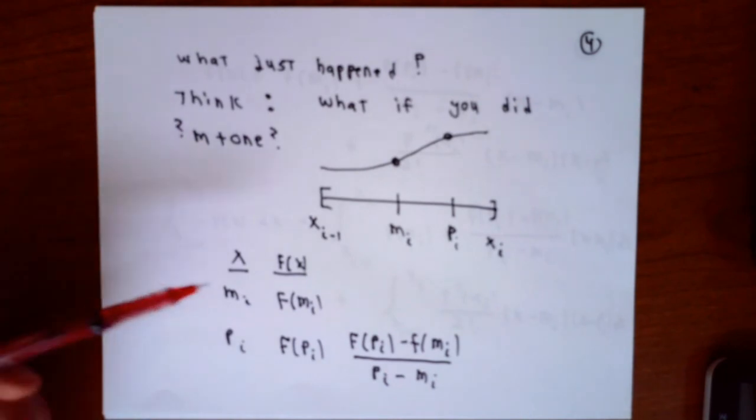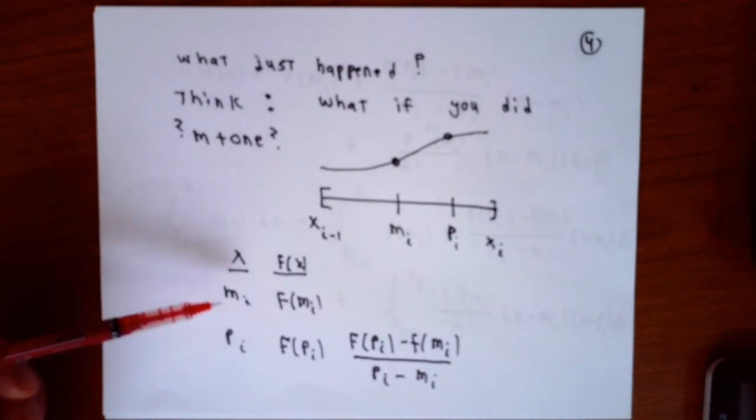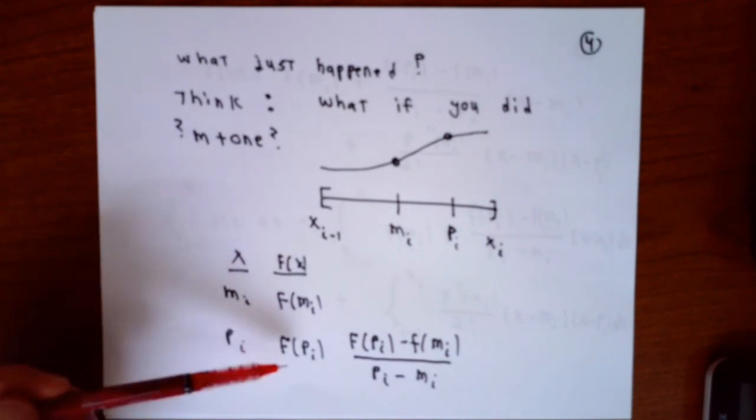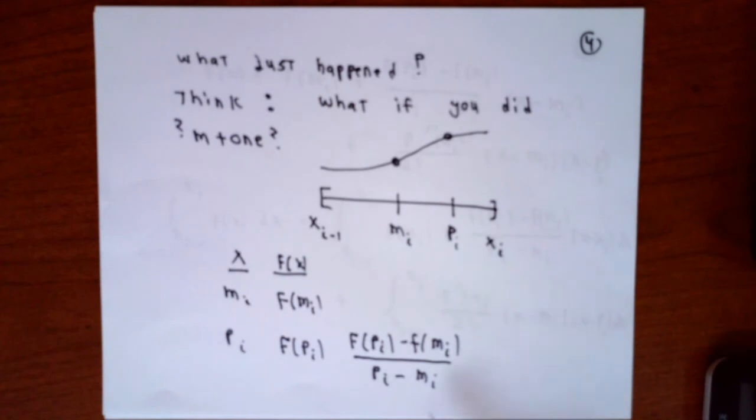So now, in our x column, we have not only m_i, but also p_i. We'll have f of m_i and f of p_i, and the divided difference based on m_i and p_i is given by the usual formula. Note that since I'm saying that p_i isn't the same point as m_i, then I never get into division by zero trouble.